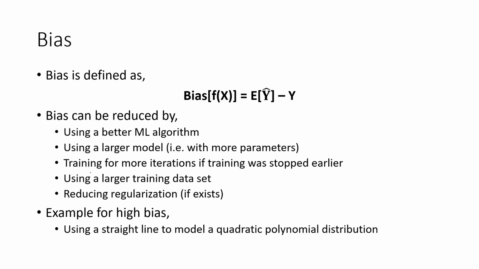And when it comes to training the model with an iterative method like gradient descent, you can stop it earlier. This is actually true mostly in the case of neural networks.